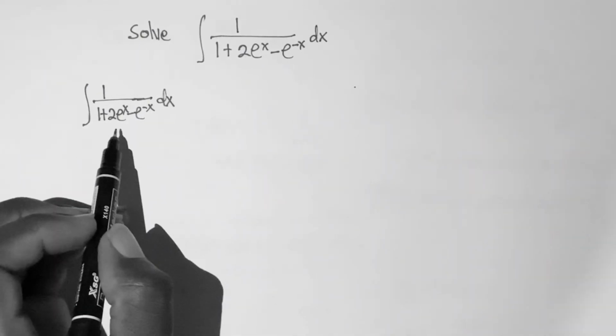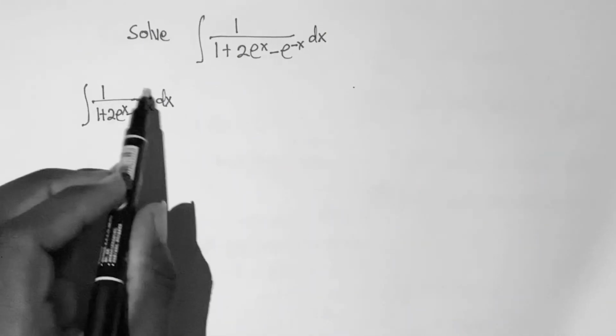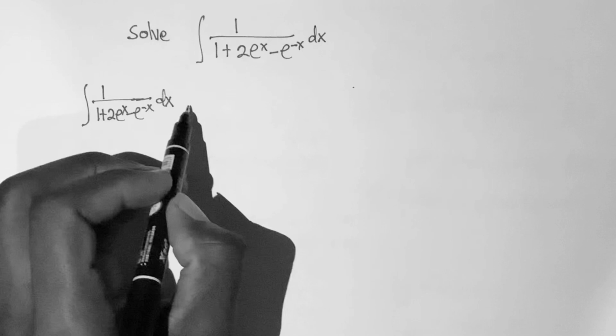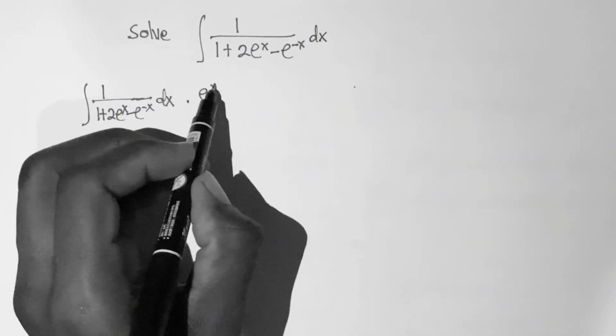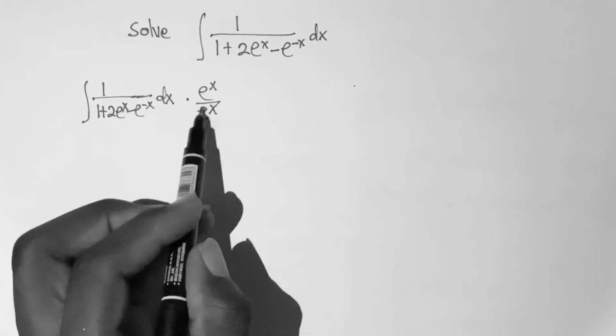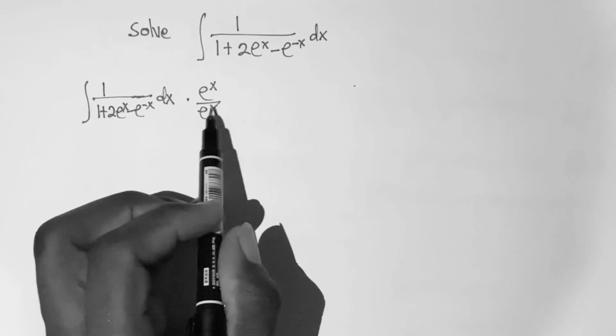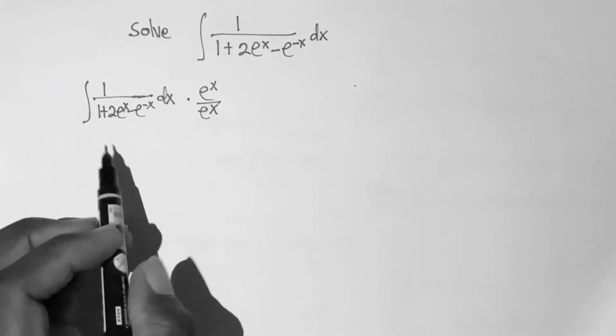So the way to go about this is, let's multiply both the numerator and the denominator by e to the x divided by e to the x. Now e to the x divided by e to the x is 1. 1 times any number is that number. So in essence, we are not changing this function in any way.